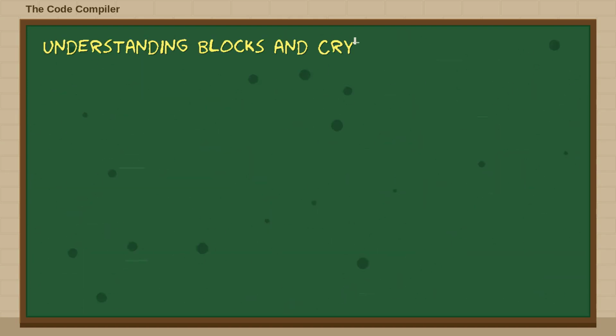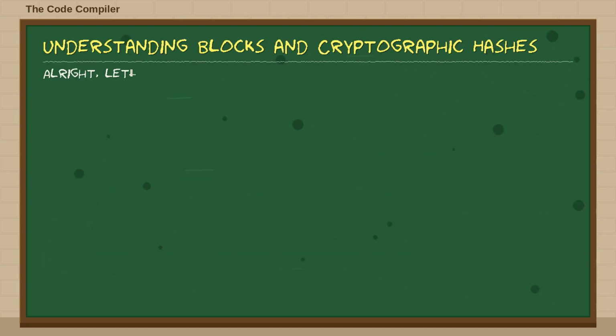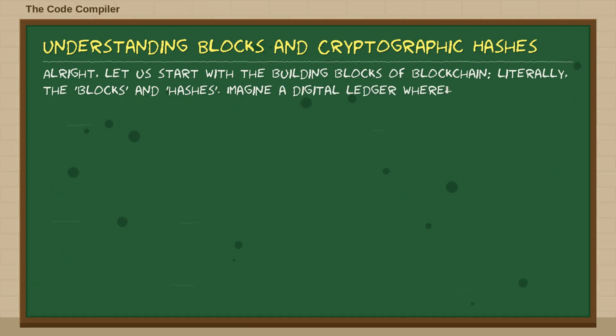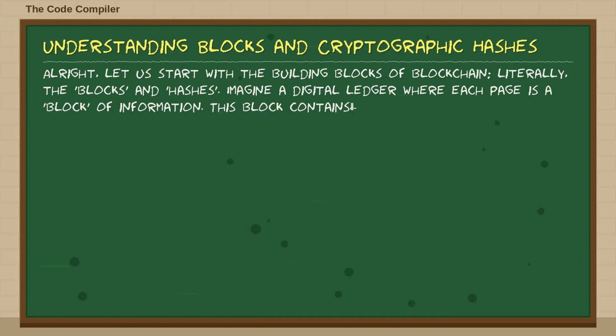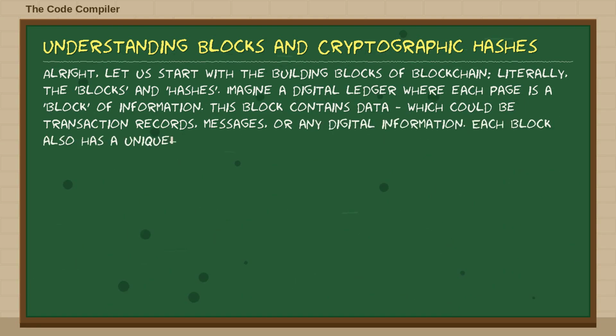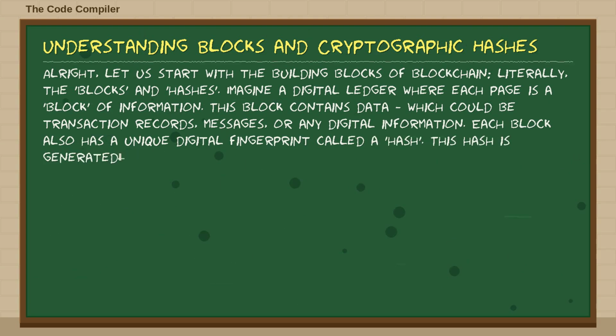Alright, let us start with the building blocks of blockchain, literally, the blocks and hashes. Imagine a digital ledger where each page is a block of information. This block contains data, which could be transaction records, messages, or any digital information. Each block also has a unique digital fingerprint called a hash.